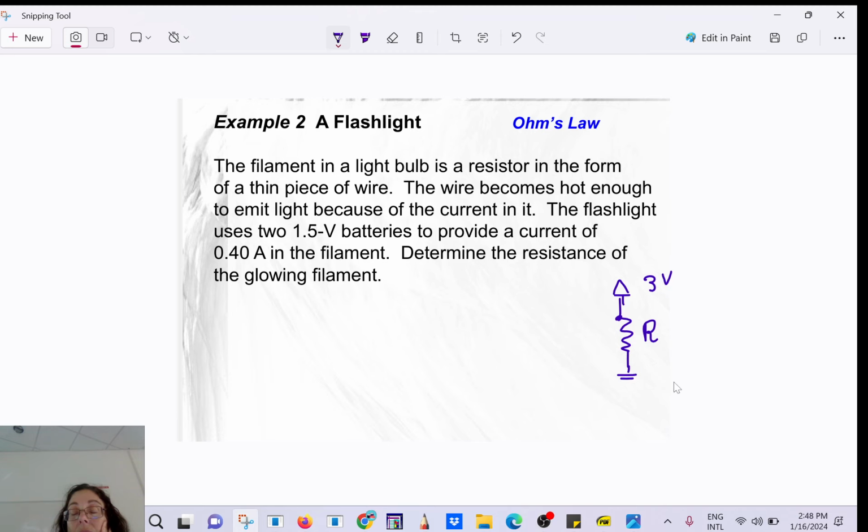So this is plus, this is minus, and you have current flowing, and it says it's 0.4 amps. In between, you put a times here. Do you see Ohm's law? So it's going to be 3 equals 0.4 times R.